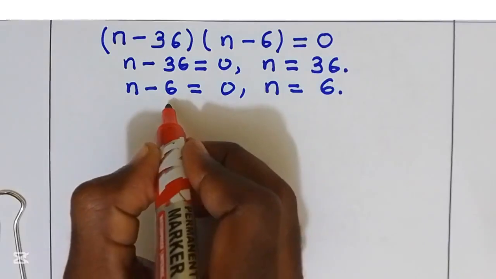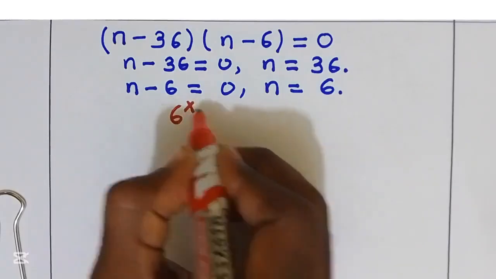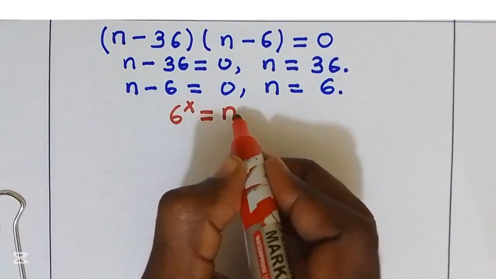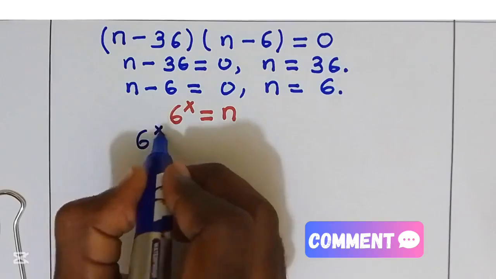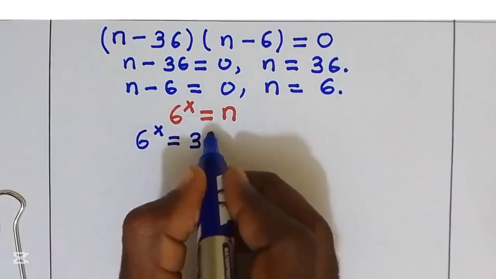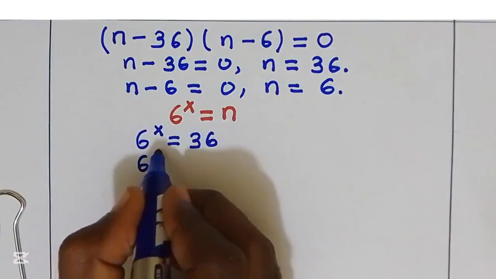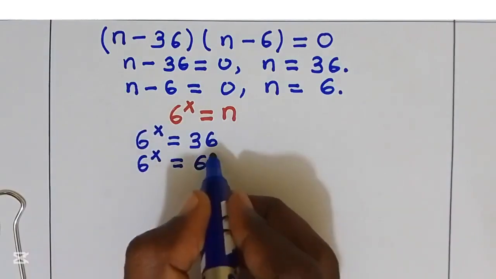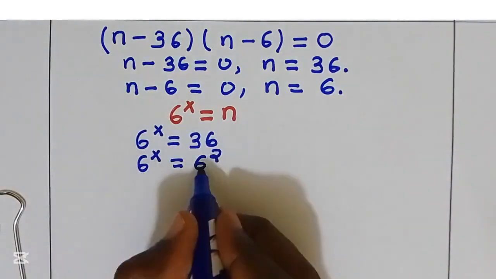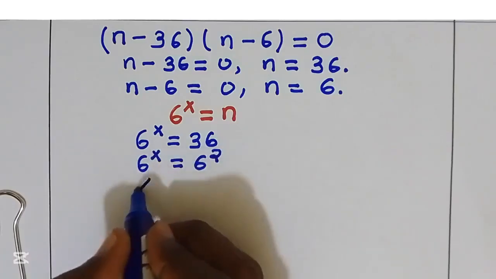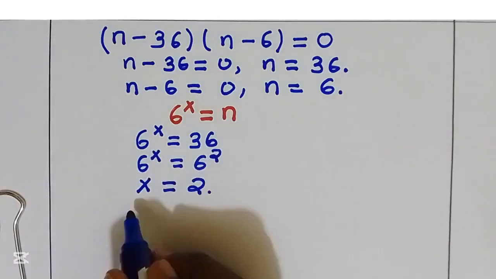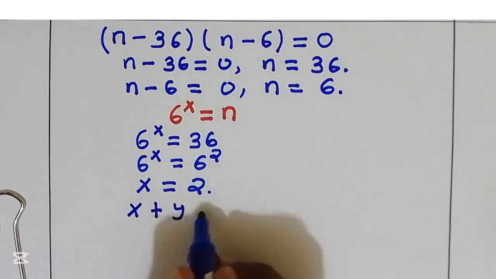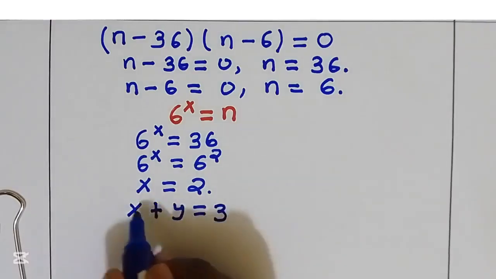But remember, we let 6 power x be equal to n. Now take n equal to 36. 6 power x is equal to 36, 6 power x is equal to 6 square. If the bases are the same, the powers are the same, so x is equal to 2. But from equation number 2, x plus y is equal to 3. x is equal to 2.